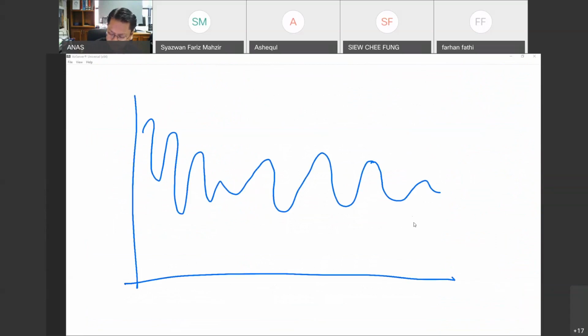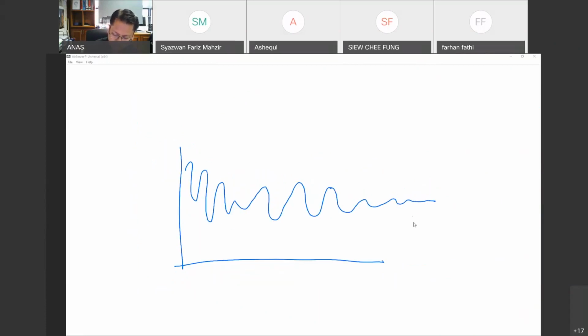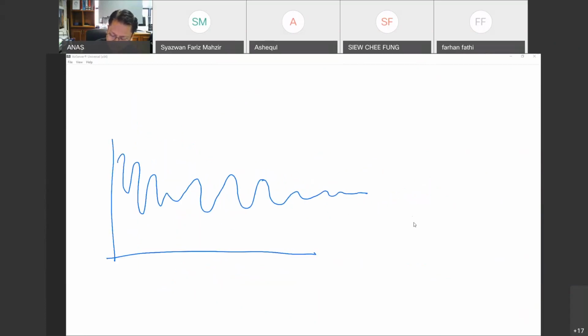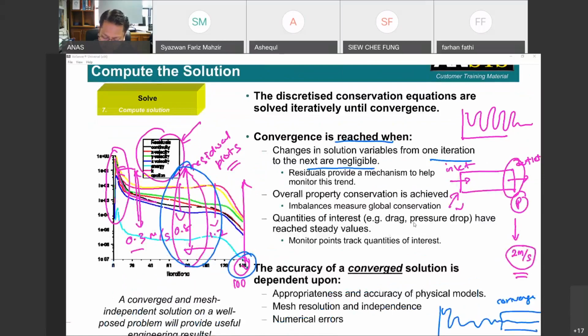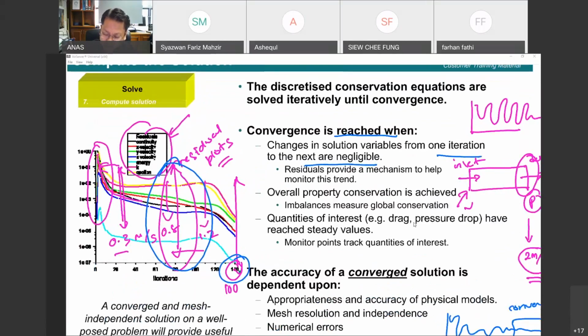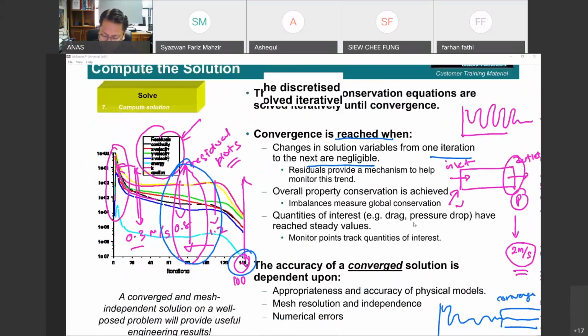At one point, the fluctuation becomes smaller and smaller until you get something like this, until at the end the fluctuation is negligible. So you can see that this is almost steady. This is what is meant by convergence. So that's why the residual plot is quite important.